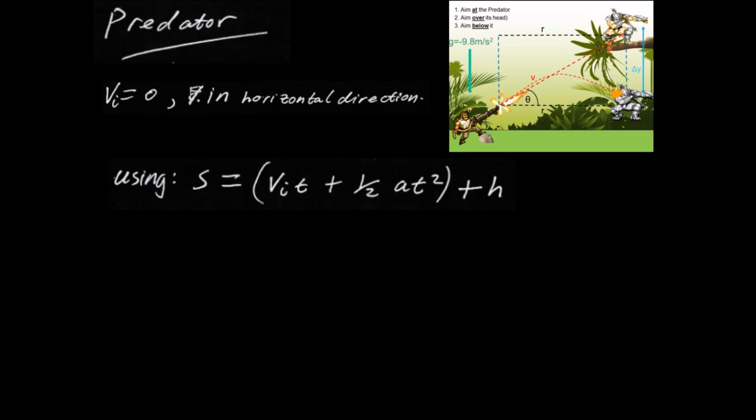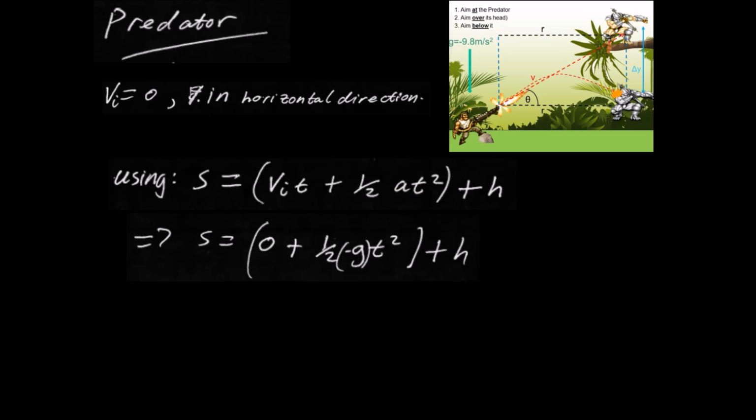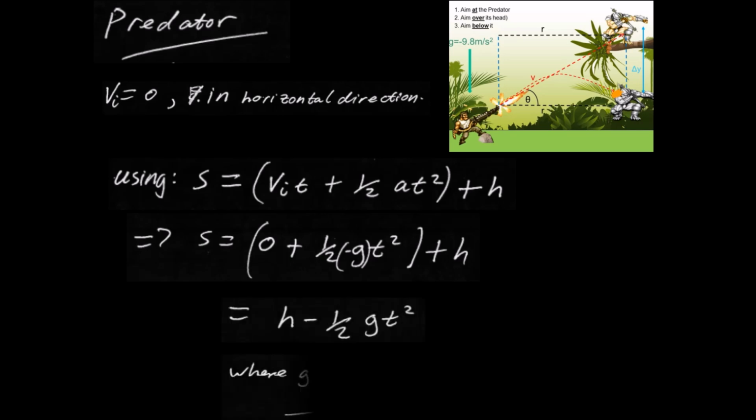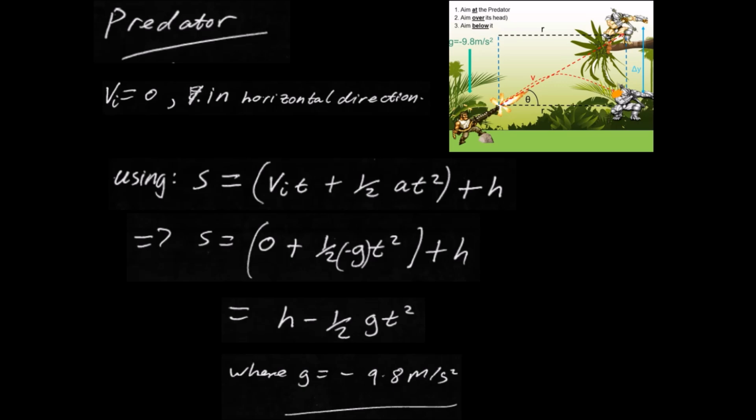Don't worry, the signs will work themselves out. Now we said Vi was 0 once again, and you can see the similarities to the bullet drop problem here. So s is 0 plus 1/2 negative gt squared plus h. This will give us his height minus 1/2 gt squared. Well, we know that g is negative 9.8.